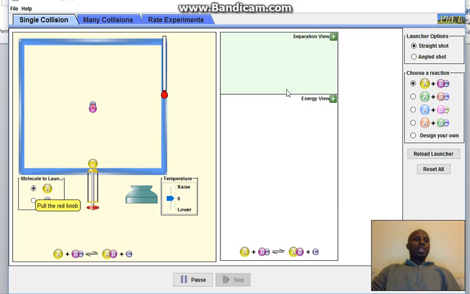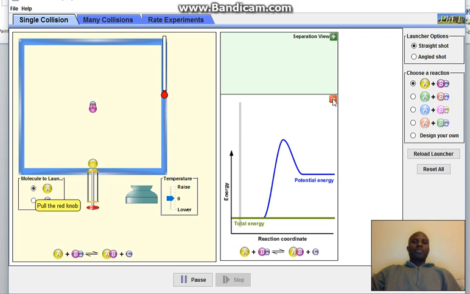The first thing that you do when you open the simulation is to select single collision, that is here. Then also click here. This energy diagram will come up. The diagram has energy coordinate this side and reaction coordinate the other side.